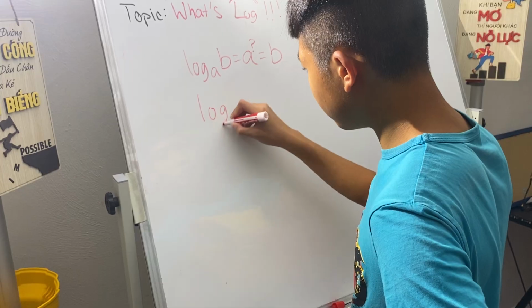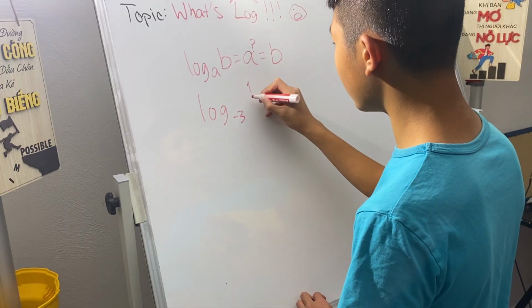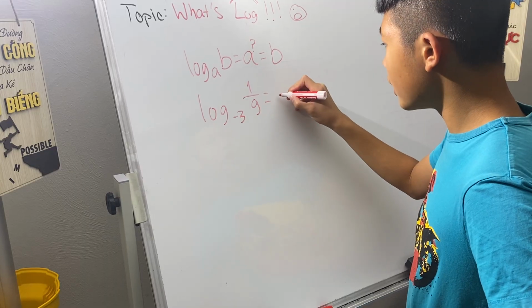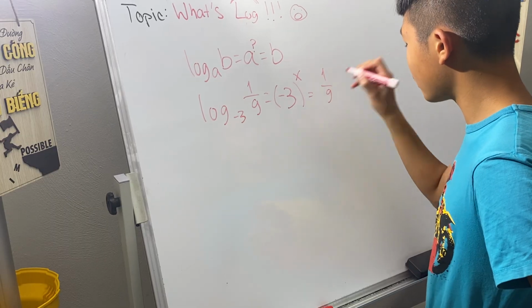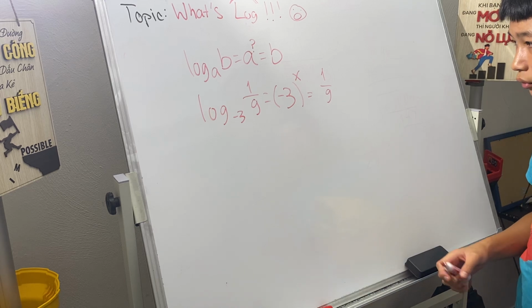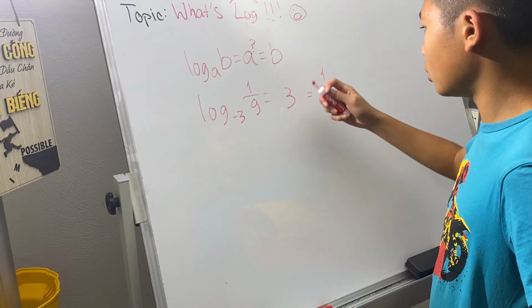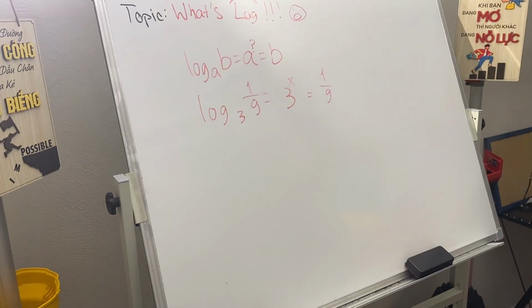Log base -3 of 1/9. So this basically equals -3 to the what power equals 1/9. Well, the answer is, you guessed it, -2.